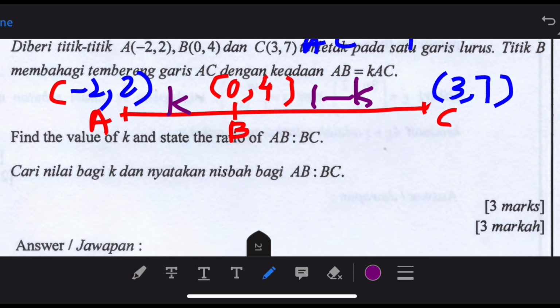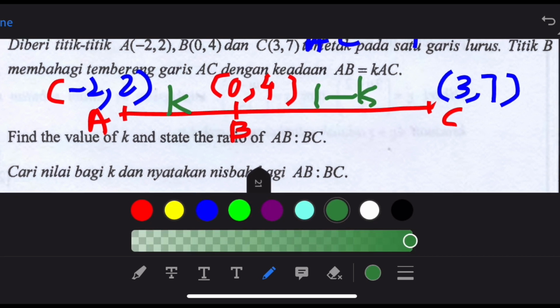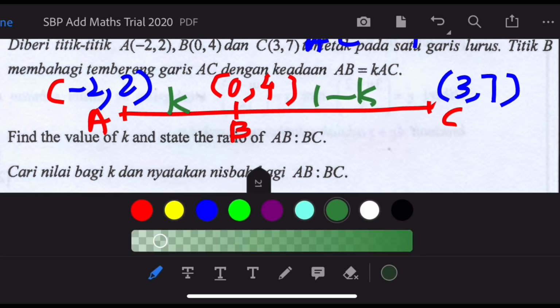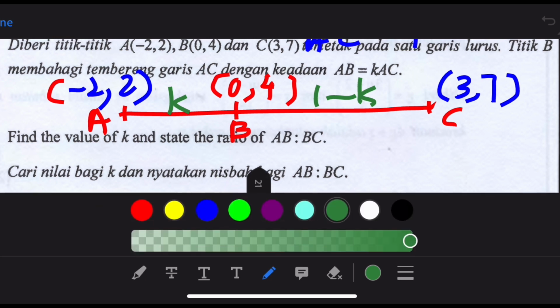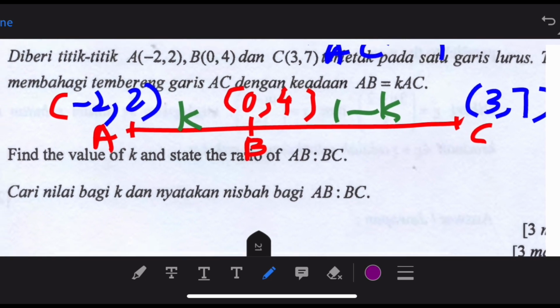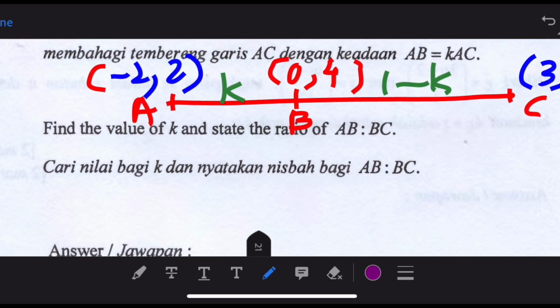Then you cross multiply. You take k times the 3, make sure you cross multiply, and then 1 minus k times negative 2 over the total ratio, which is 1, and the coordinate x that you equate to is 0.